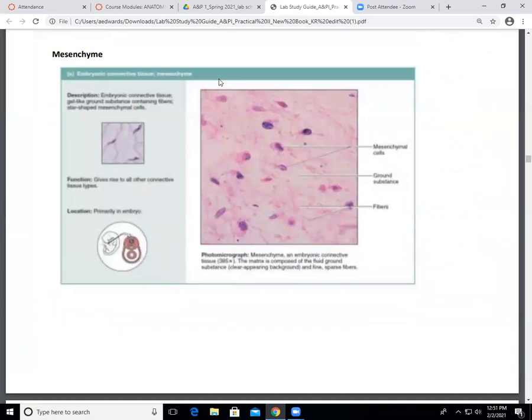Mesenchyme, we'll start there, because mesenchyme is basically a developmental connective tissue, which means when your cells are developing, becoming more mature, they can start out as different cell types.